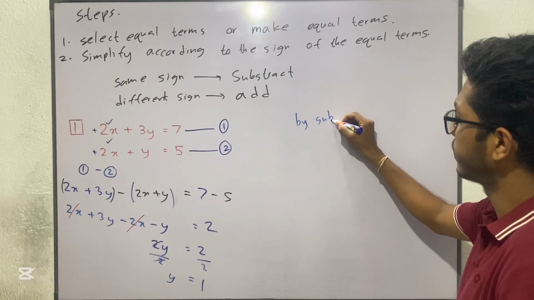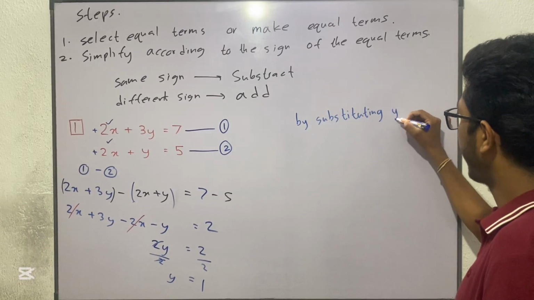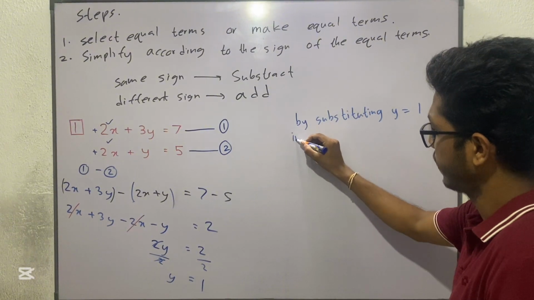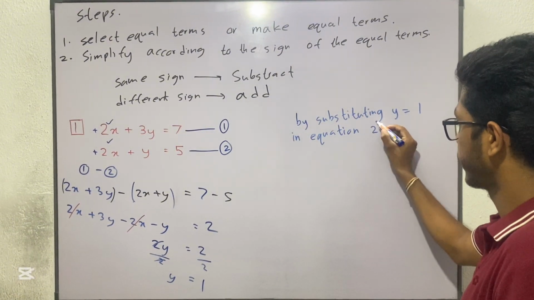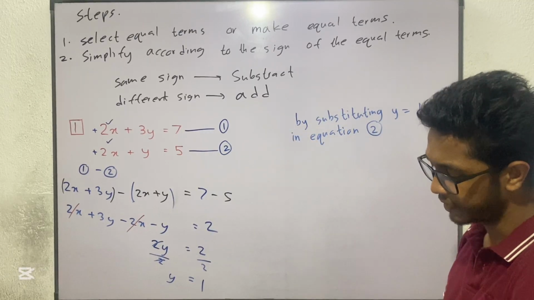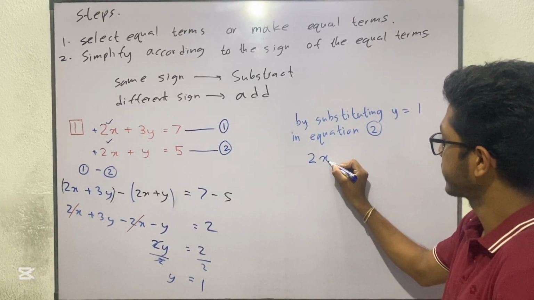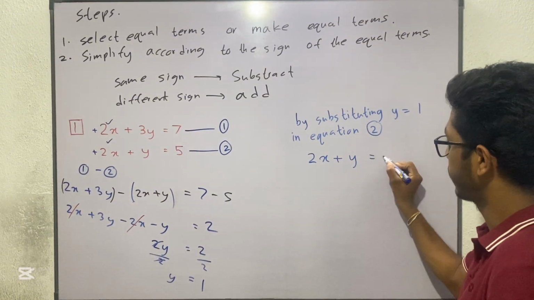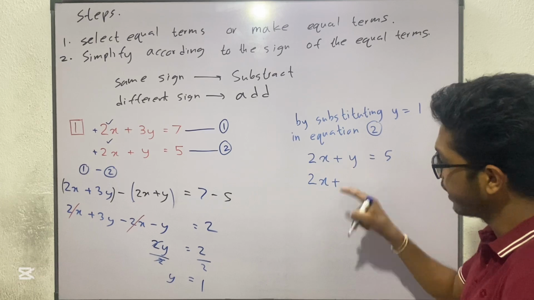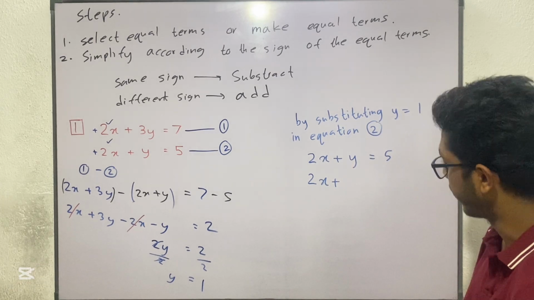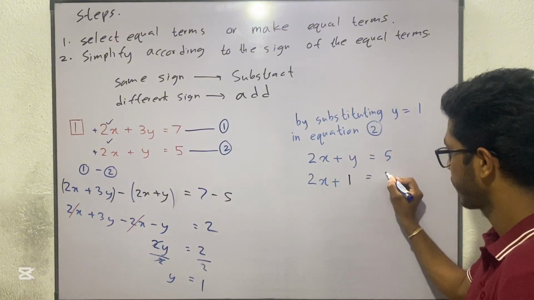By substituting y equals 1 in equation 2, you can get the same answer by substituting in the first equation also. I'll take the second one. Second one is 2x plus y equals 5. 2x plus y, y means 1. 2x plus 1 equals 5.